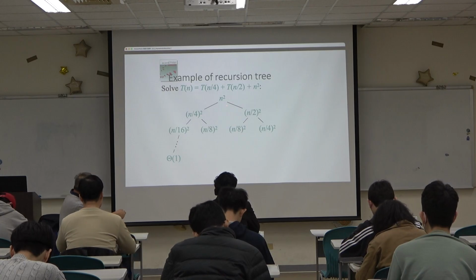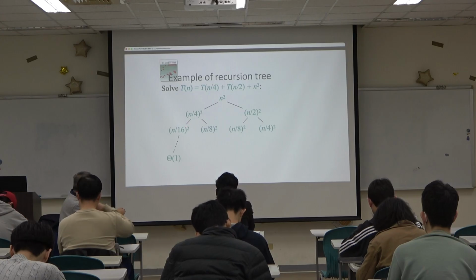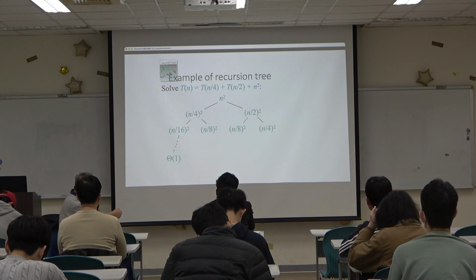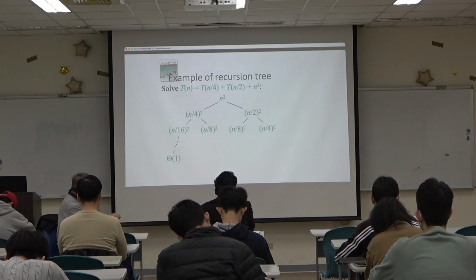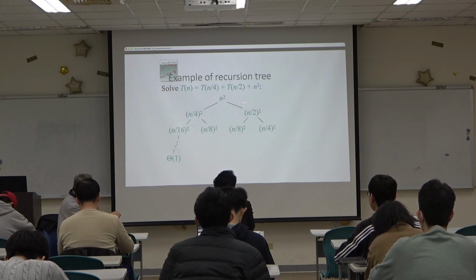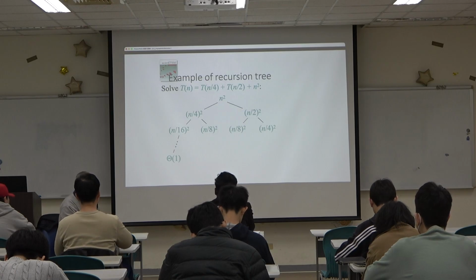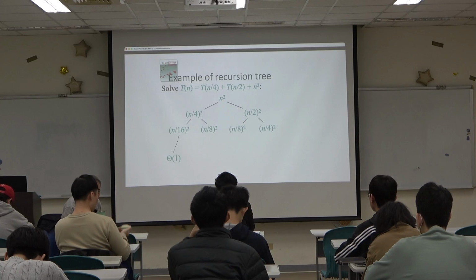Because every time you go to the left-hand side, n gets divided by 4. You go to the left-hand side, n gets divided by 4, and so on. And for all the other branches, n is divided by something smaller than 4, right? At least at some point of time, right?